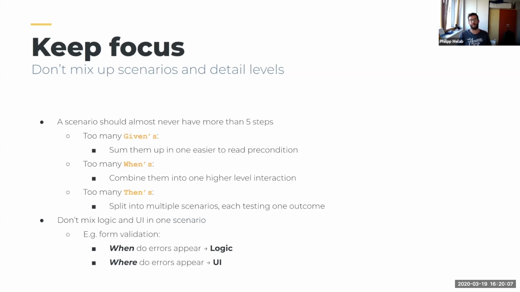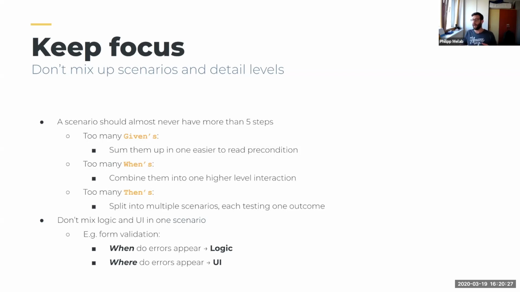And if you have too many then steps, the reason is probably that you're testing too many things at once. So every scenario should basically focus on one specific outcome and should not test for multiple end conditions.